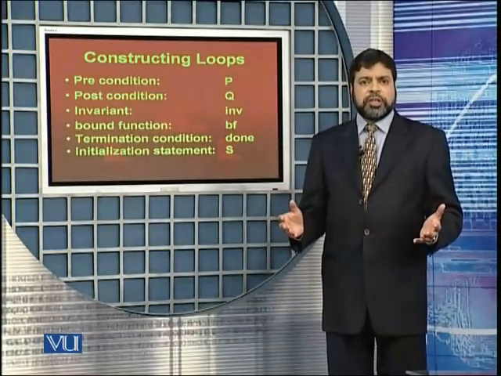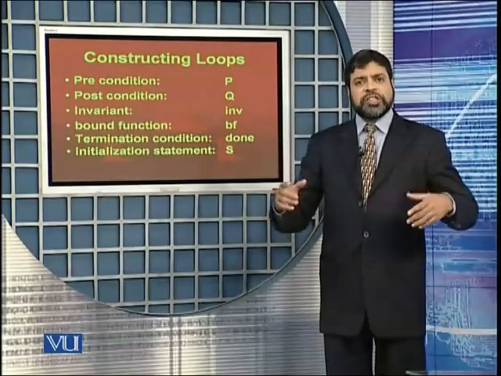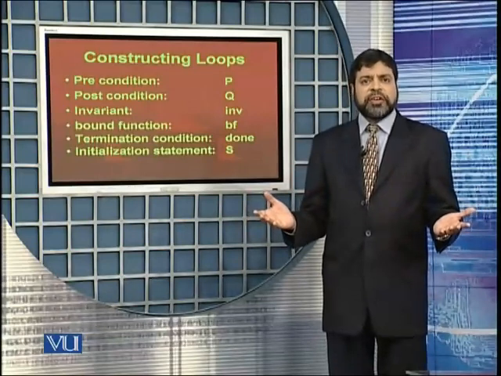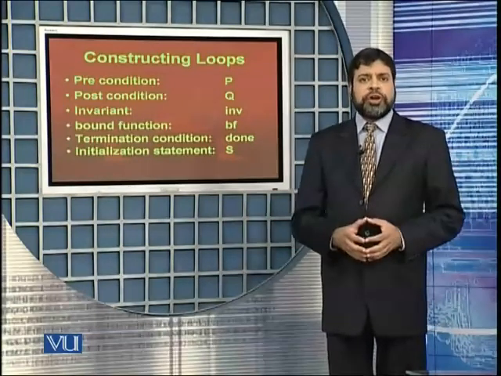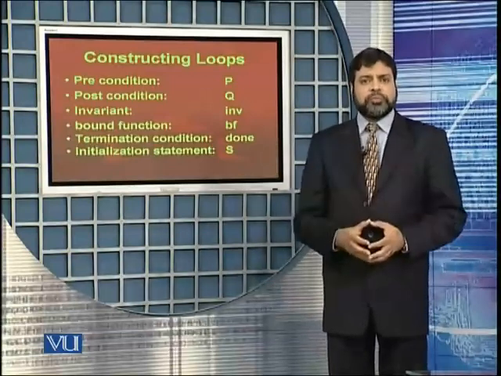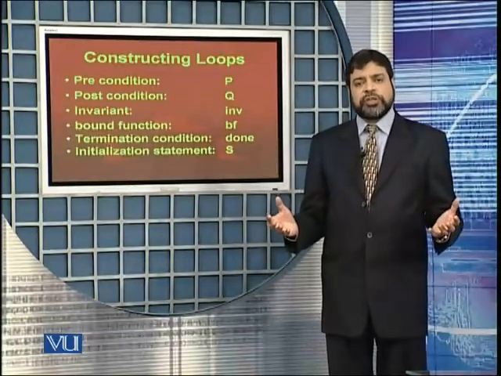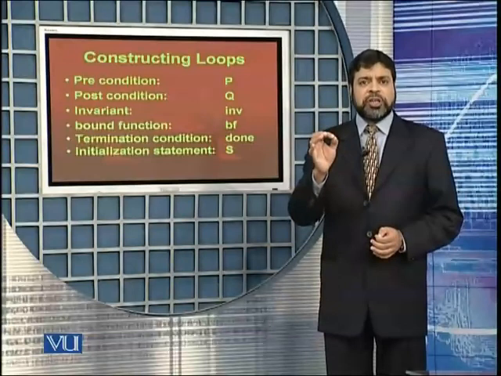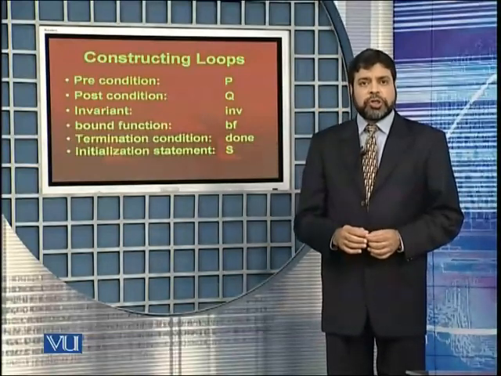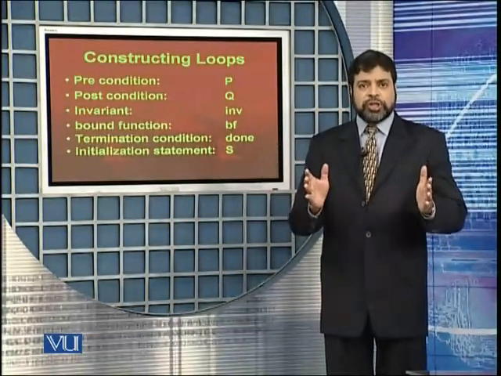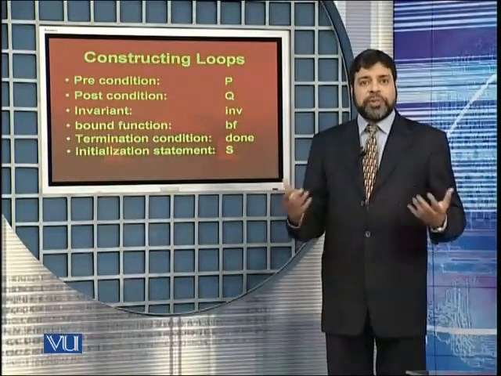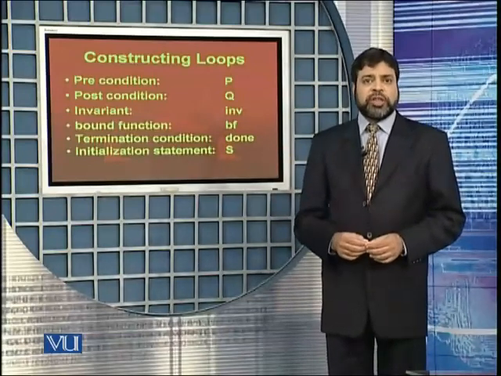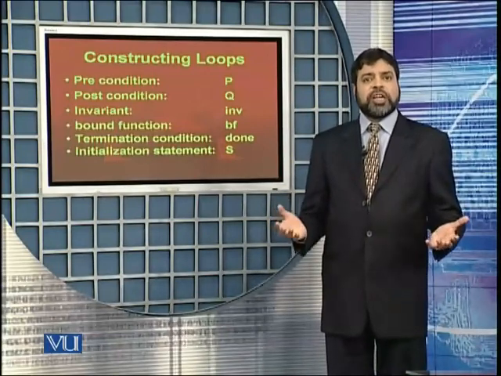It guarantees कि ये जो बाउंड फंक्शन है, इसकी नंबर ऑफ इटरेशंस लूप की, ये इससे ज़्यादा नहीं होंगी. And हमारा जो इटरेशन है, हमारी लूप की जो बॉडी है, उसका मैकेनिज्म कुछ इस तरीके से होना चाहिए कि with every iteration the value of the bound function is decreased. So that means we are coming closer to that condition where we will terminate the loop. सो जब ये बाउंड फंक्शन की वैल्यू 0 पे पहुंच जाएगी, या अगर कोई नेगेटिव वैल्यू हो जाती है, then you will automatically come out of the loop.